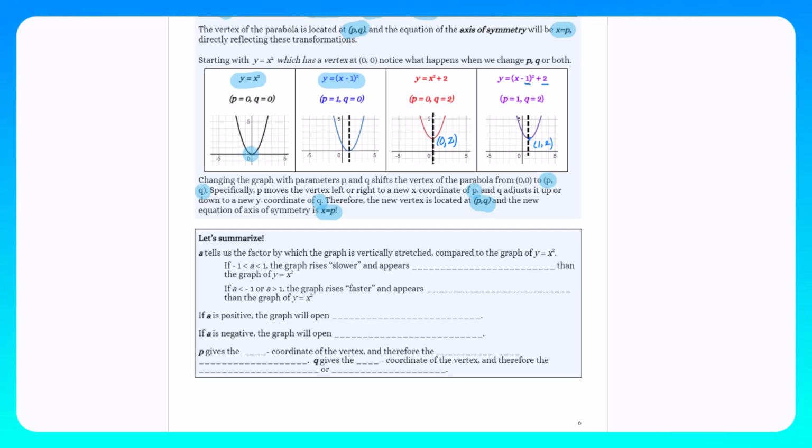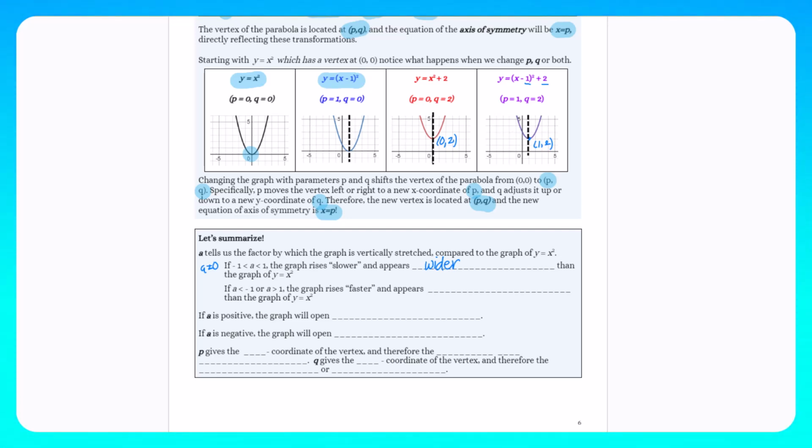Okay, so if A is between -1 and 1, and remember, A cannot equal 0, the graph rises slower and it appears wider than the graph of y equals x squared.